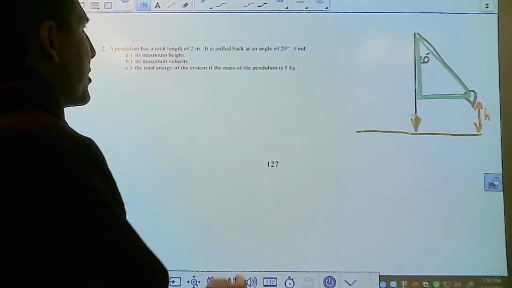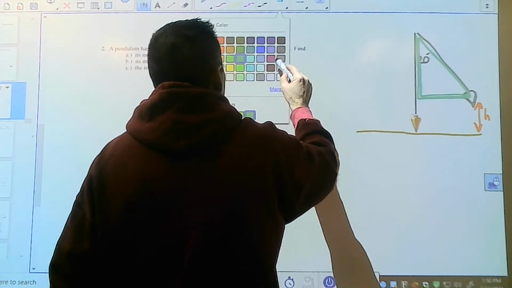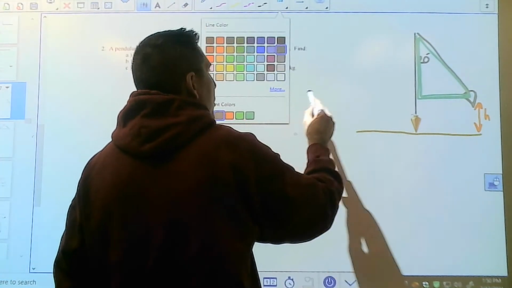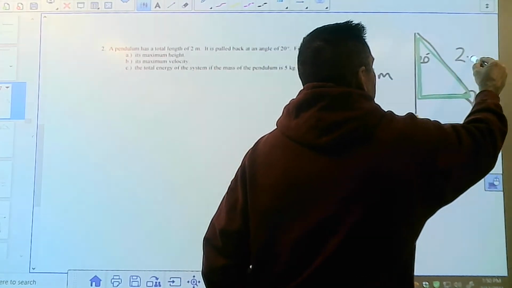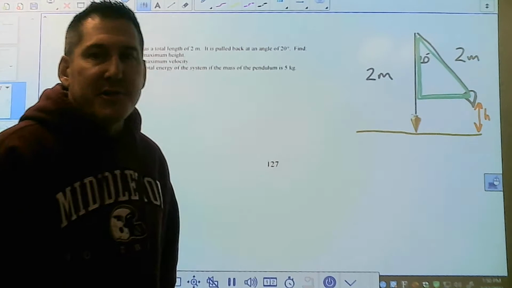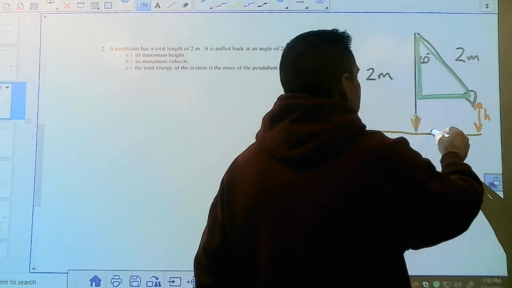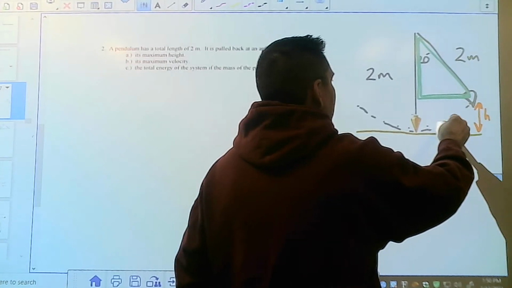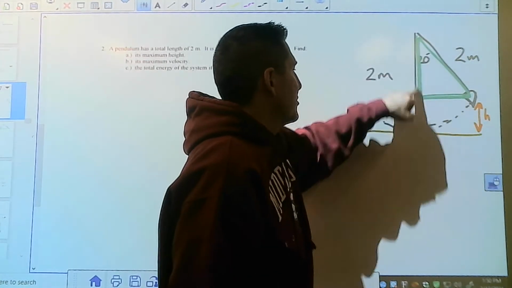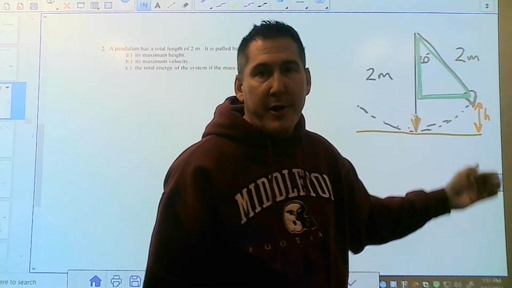What do I know about that green triangle? Well, I know that the length of the pendulum is 2 meters, regardless of where it is. I'm pulling it back here, and I let it go and it sways back and forth, but the string is 2 meters long here, which means it's 2 meters long there.